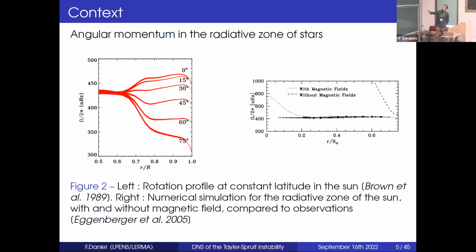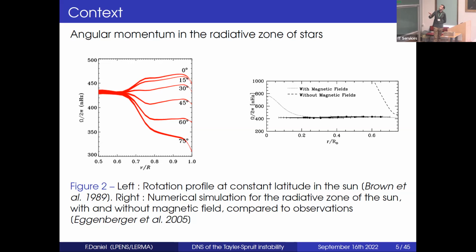And you can see that you've got some differential rotation, both with respect to the radius and latitude in the convective zone of the sun, but as you move towards the radiative interior, you observe solid body rotation. And one of the possible candidates to account for this flat profile is that there is a magnetic field strong enough in this region, which is going to apply a magnetic torque in order to slow the star down.